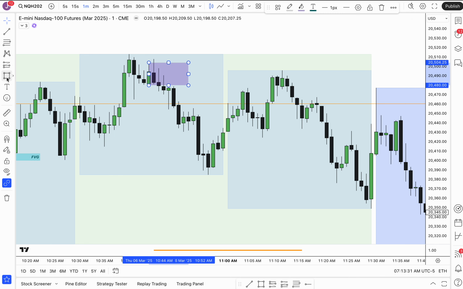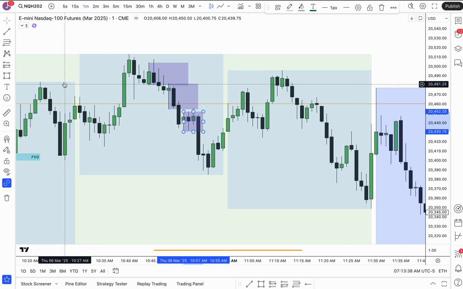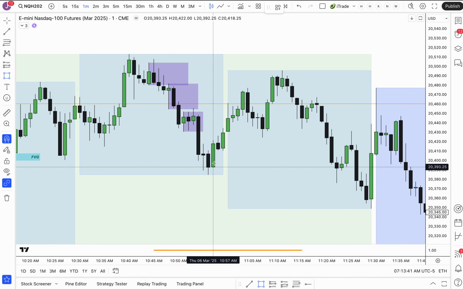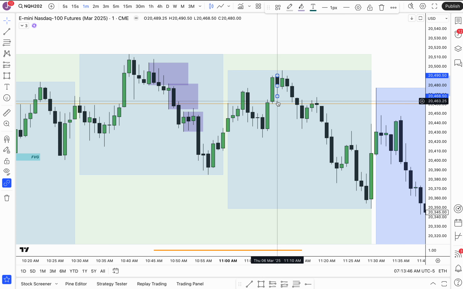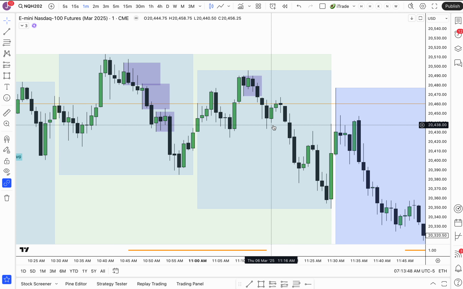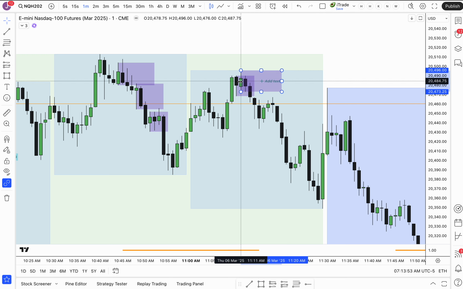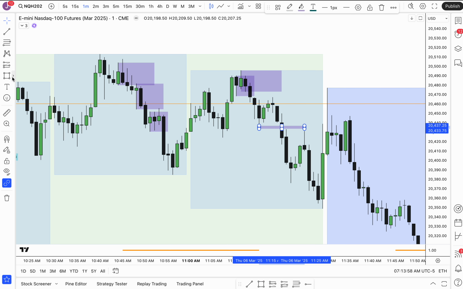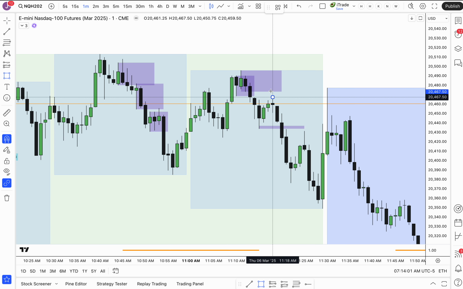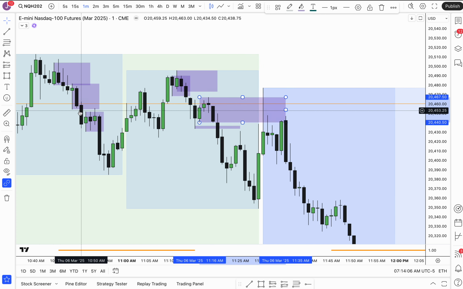So here you just see how we don't close above these bullish candles. Same thing here. We start closing below the bearish candles, and the bullish candles are acting as resistance. Okay. We close below that. This acts as resistance. We don't close above it.